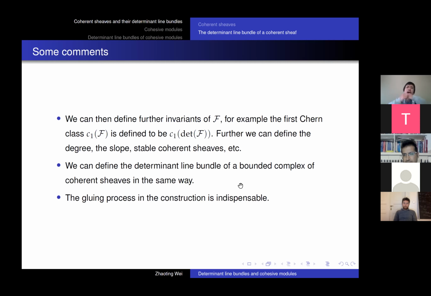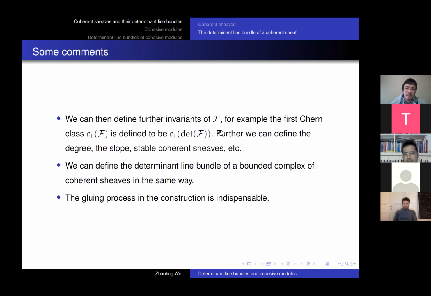But I cannot remember in full detail. Of course we cannot say that it's zero. We can say that it's trivial. It's a trivial line bundle.